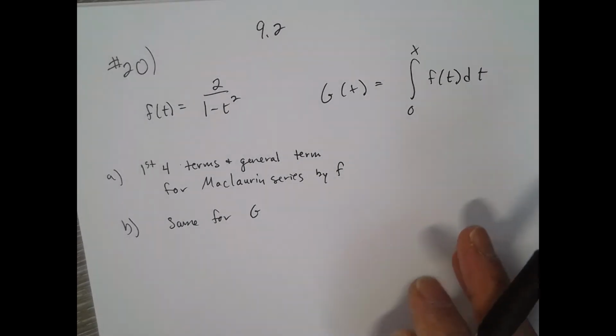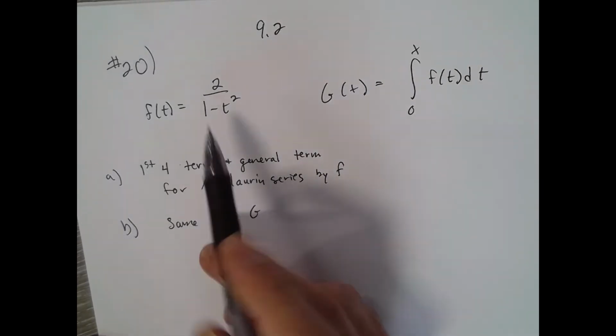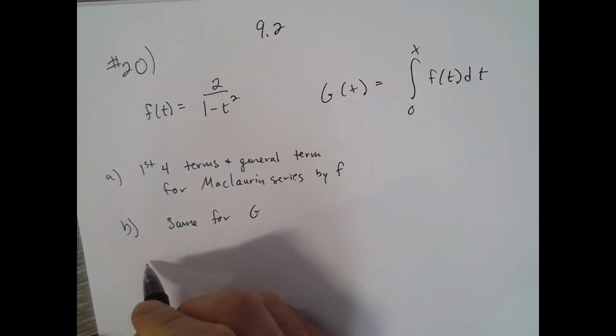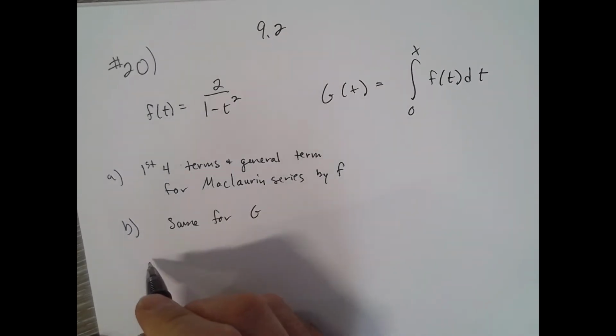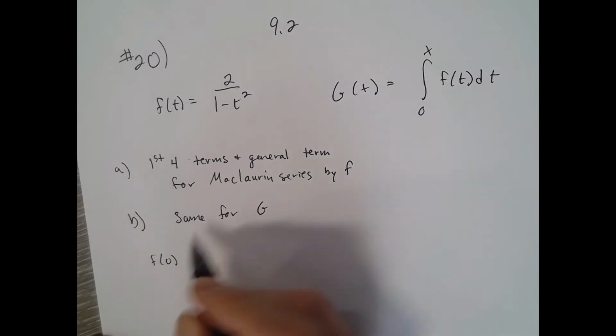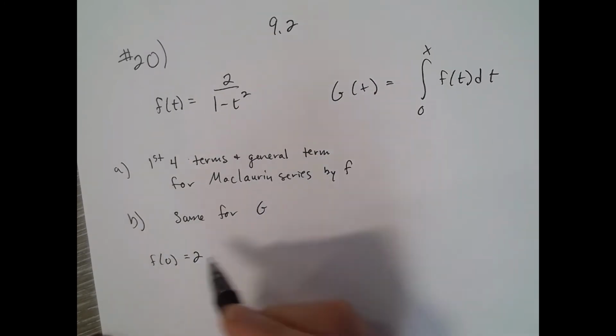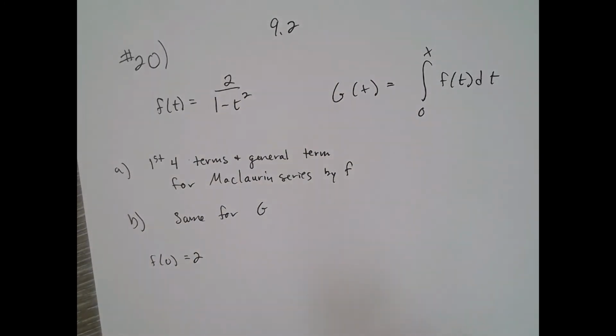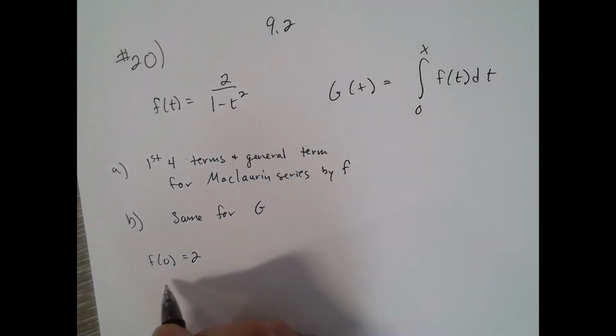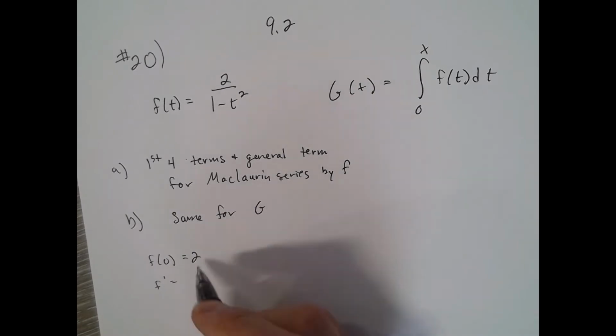Alright, so if f of t is this, then this is all part A here. So f of 0, if I plug in 0, I get 2. Okay, so one initial coefficient is 2. F prime, well, we could find the derivative of that.